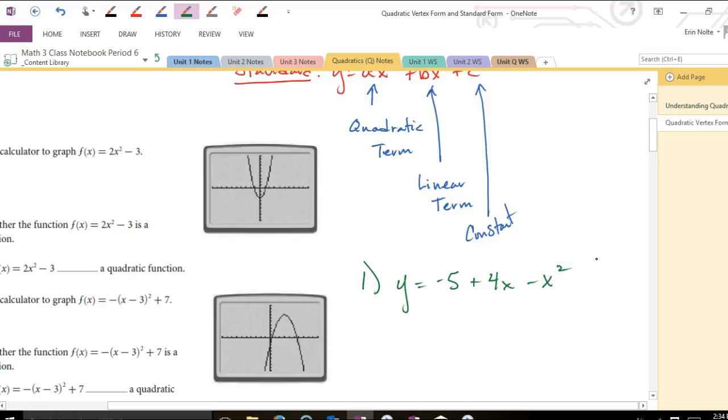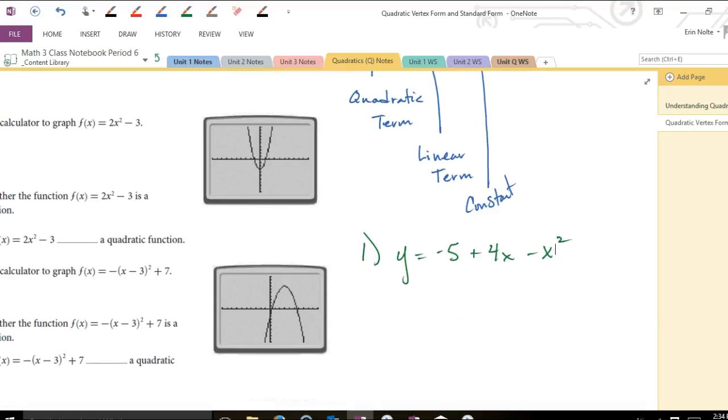Let's say they give you something like this and say, write this in standard form. How could I rewrite this so that it was written correctly and ordered in the correct manner? What would I rewrite that as?